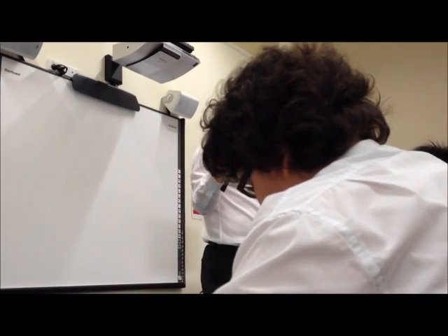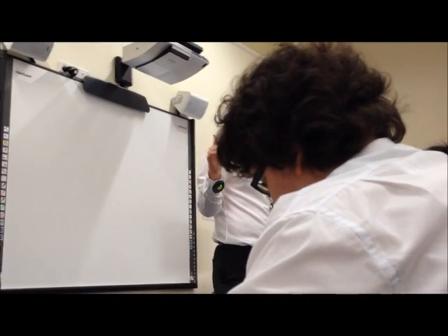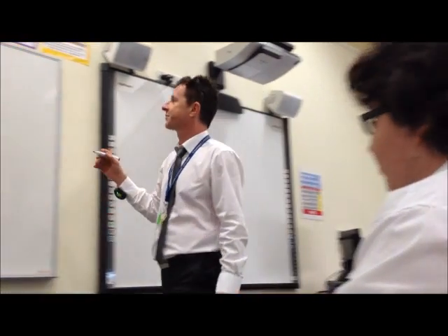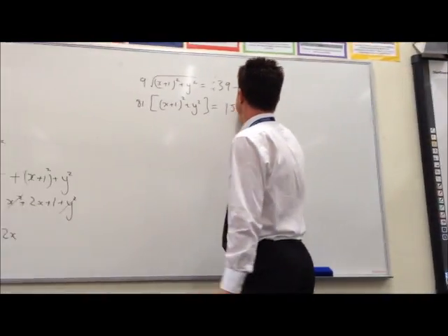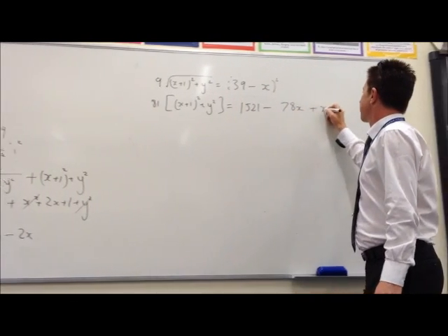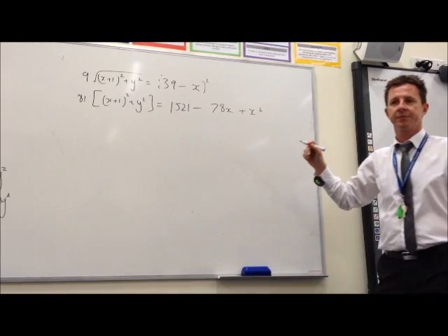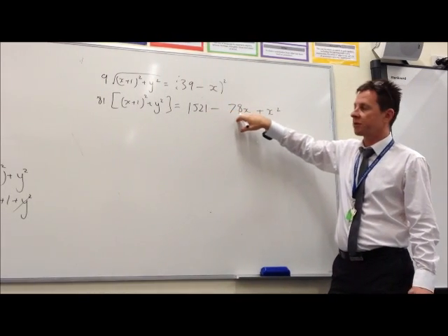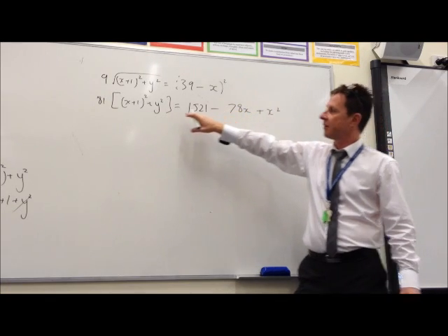I don't know. Someone press the calculator. Just under 1600. 1521. So 1521, minus 78x plus x squared. So I've done difference of two squares, perfect square on this side.